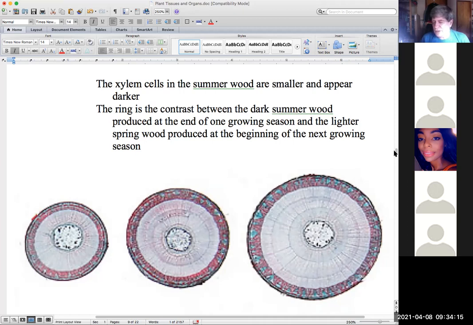So we can still see the same basic structures, but remember what we said, secondary growth increases the diameter of a plant. So notice that the circle is gradually getting larger. We're increasing the diameter.